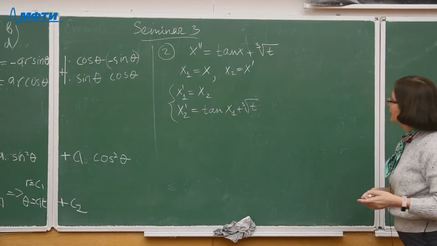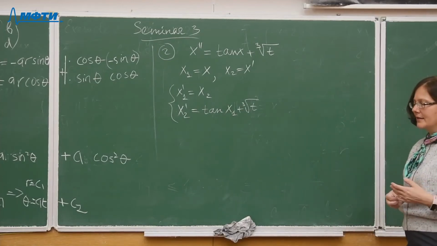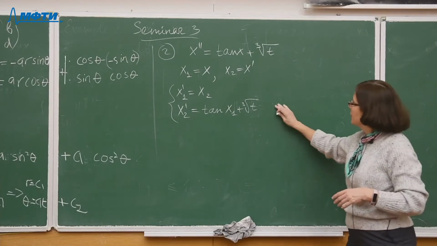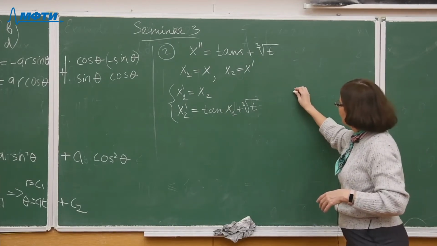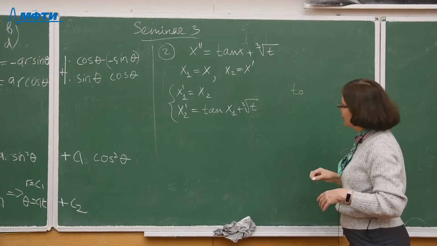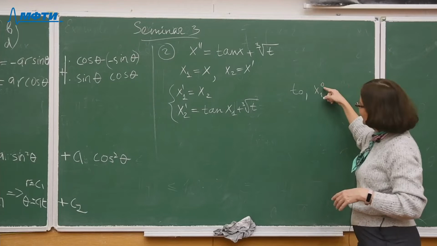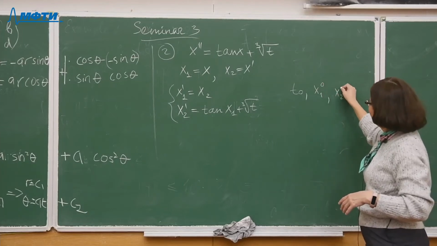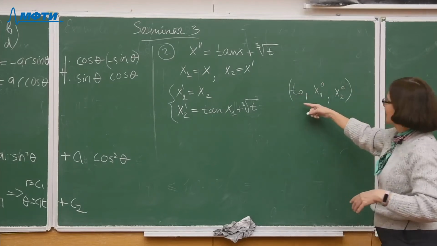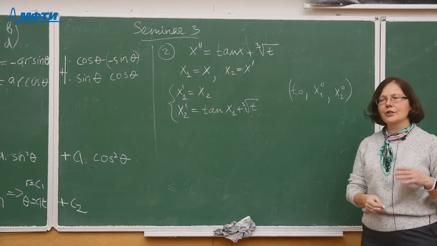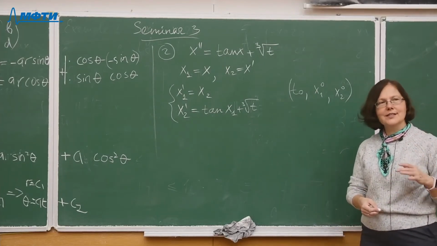The solution exists locally and is unique. So if we take any t0, x1 0 and x2 0, given any initial condition, the solution locally exists and is unique.